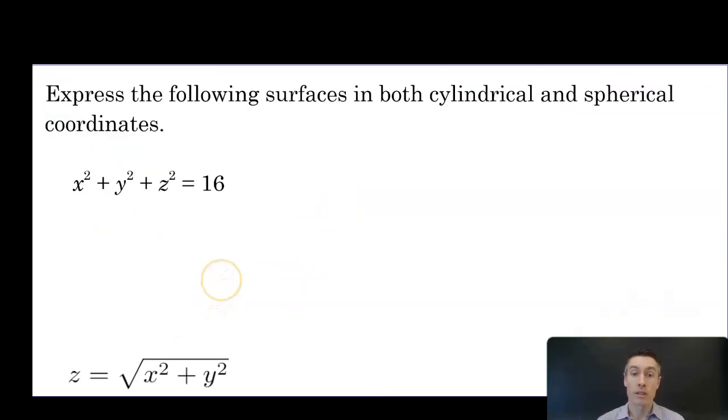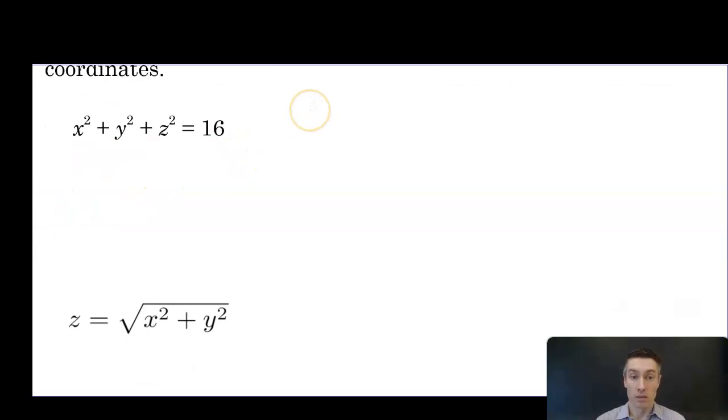Now express the following surfaces in both cylindrical and spherical coordinates. All right, so we're going to start with a sphere just to take a look at what this would look like in both coordinate systems. So in cylindrical, x squared plus y squared would be r squared.